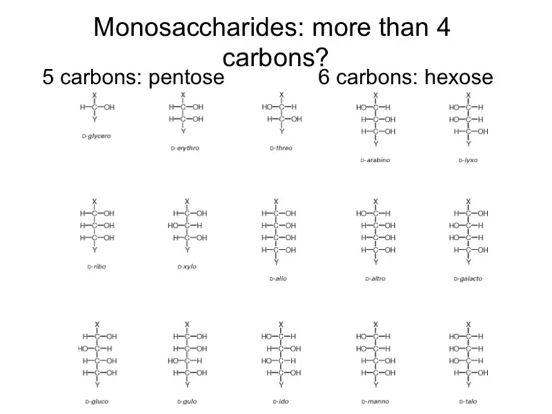Okay? When we move up to more than 4 carbons, well, you get 5 carbons, okay, you got pentoses, 6 carbons, you get hexoses. Okay? That erythrose, threose, and all of that fun stuff, this is your origin of those names. So if you have just 1 chiral carbon, you're looking at a glycerol as your root name.